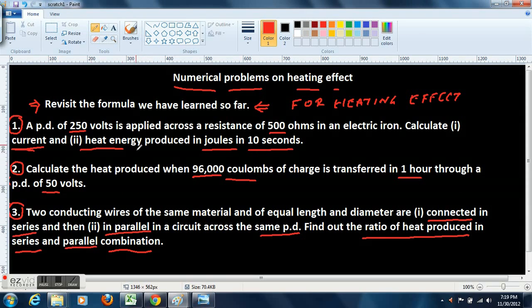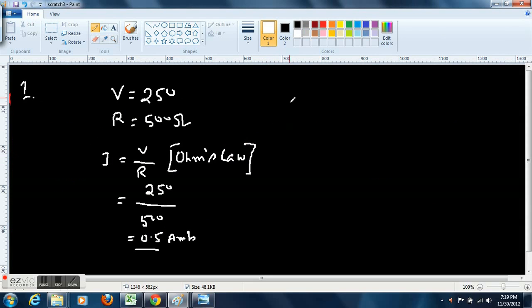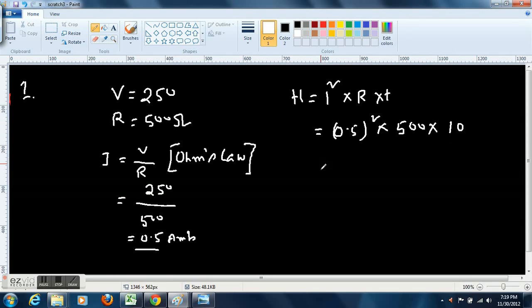Now the second part of the problem, heat energy produced in joules in 10 seconds. Here we will be using the formula H equal to I to the power 2 into R into T. We have already calculated the value of I, which is 0.5, so it is 0.5 square into 500 ohms into 10 seconds.